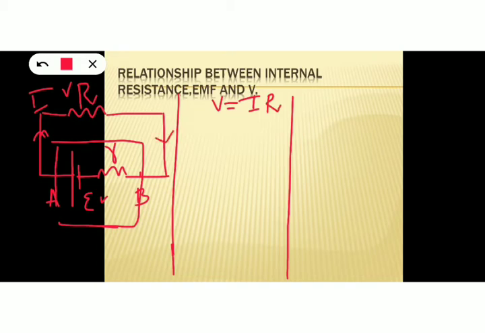Similarly, when the same current I flows through this internal resistance small r, there will be a potential drop again, and that potential drop is denoted by V dash, and it is current I into resistance, that is I r. So the total potential difference or the maximum potential difference of the circuit is EMF, and it will be equal to the sum of V plus V dash.